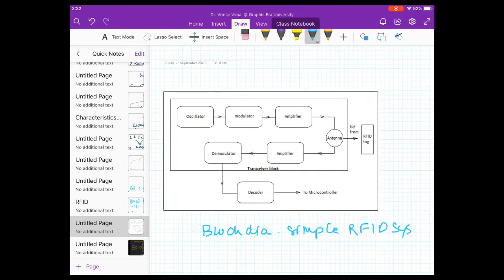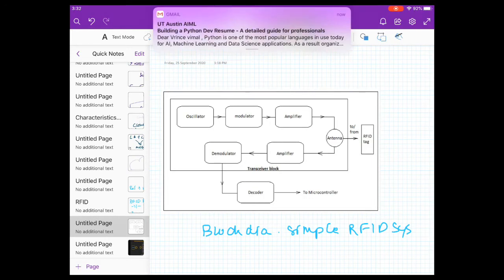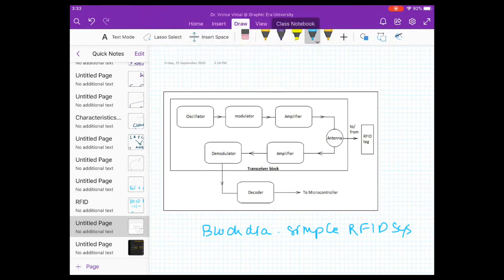Whenever the RFID reader is on, there is an oscillator present in it which generates a signal with a desired frequency, depending upon which range of application we are talking about. This oscillator keeps on generating a signal. The frequency of the signal depends upon which frequency range or which application we are talking about. Now, there is also the strength of this signal.